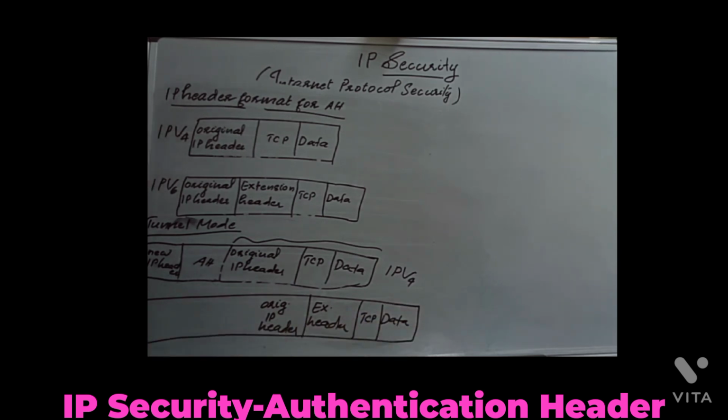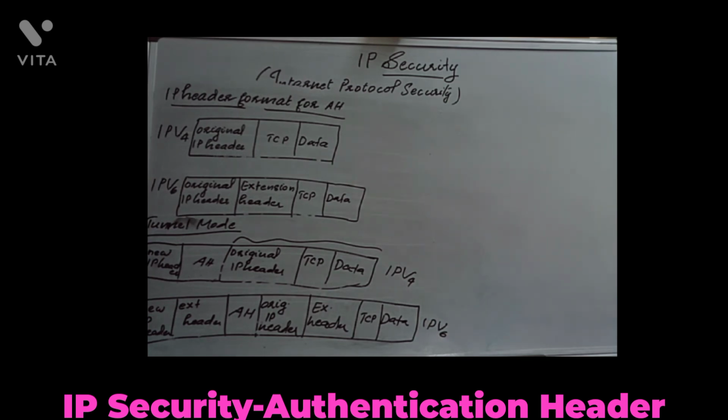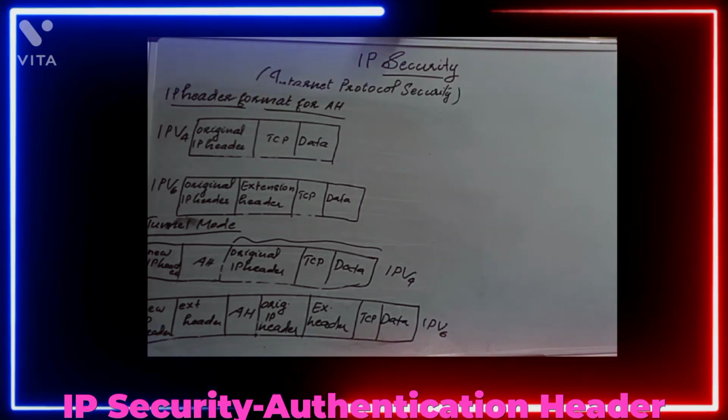Then apply AH here, insert AH, extension header, then new IP header. Here the complete IP packet is considered as the inner packet. In the case of tunnel mode, both AH and ESP are implemented in transport and tunnel mode. Okay, thank you.